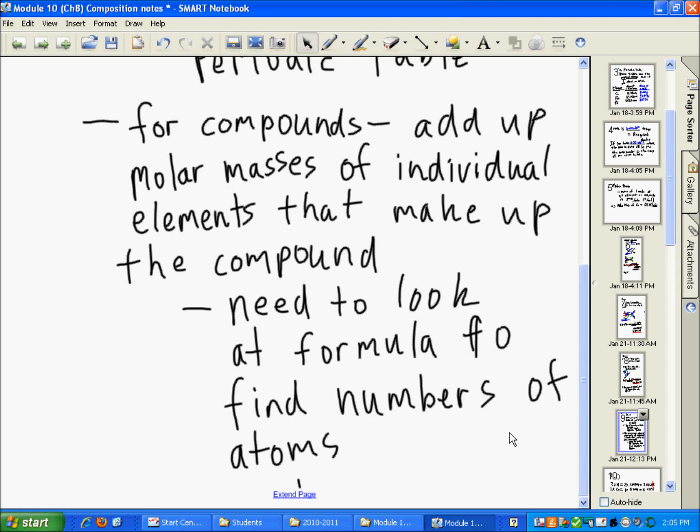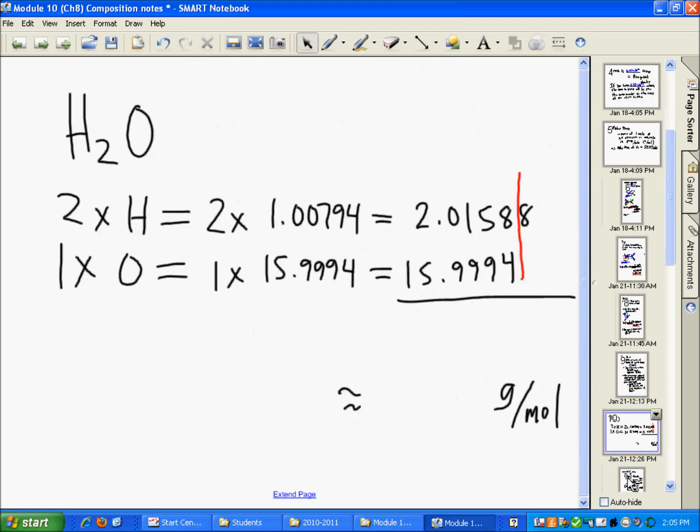So for example, if you look at water, we know water has two hydrogens and 1 oxygen. If you put a bunch of atoms in a pile, the weight of that pile will be the weight of the individual atoms. And the same applies to a mole.